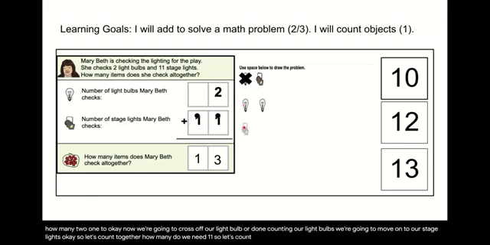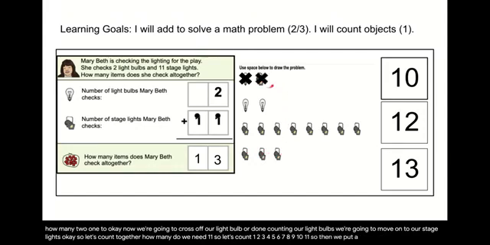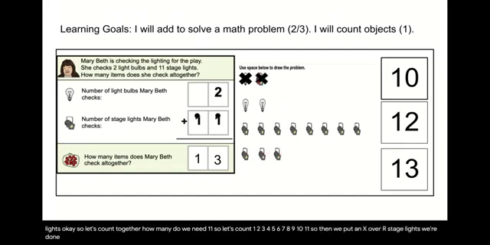So let's count. 1, 2, 3, 4, 5, 6, 7, 8, 9, 10, 11. So then we put an X over our stage lights. We're done counting the stage lights.